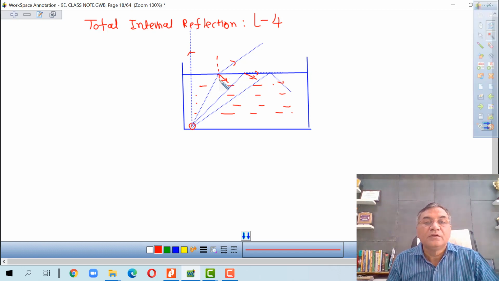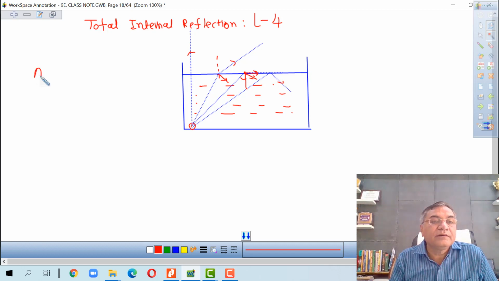Okay, this angle, જ્યારે refraction parallel થઈ જાય, it is called critical angle.